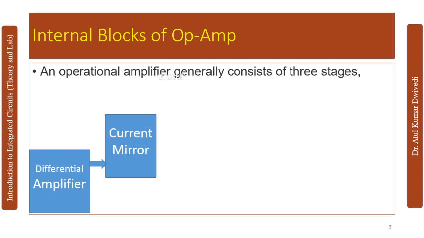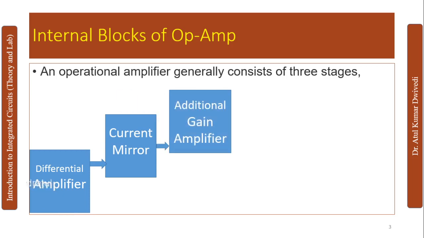In this figure there is some problem, in that this has been drawn as second and this has been drawn as operational amplifier. There are additional stages of amplifiers. These amplifiers improve the gain of the op-amp. The additional stages, maybe common emitter amplifier stages, can be there to improve the gain.